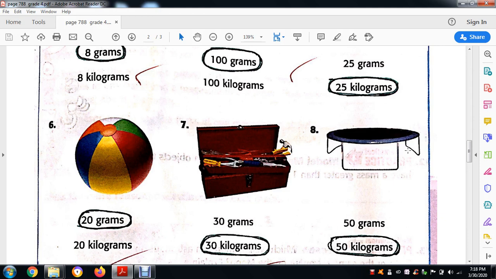We will circle 30 kilograms. Next is number 8. You can see the picture. It is a table. It is a large size table, 50 grams. Another option is 50 kilograms. We will circle 50 kilograms.